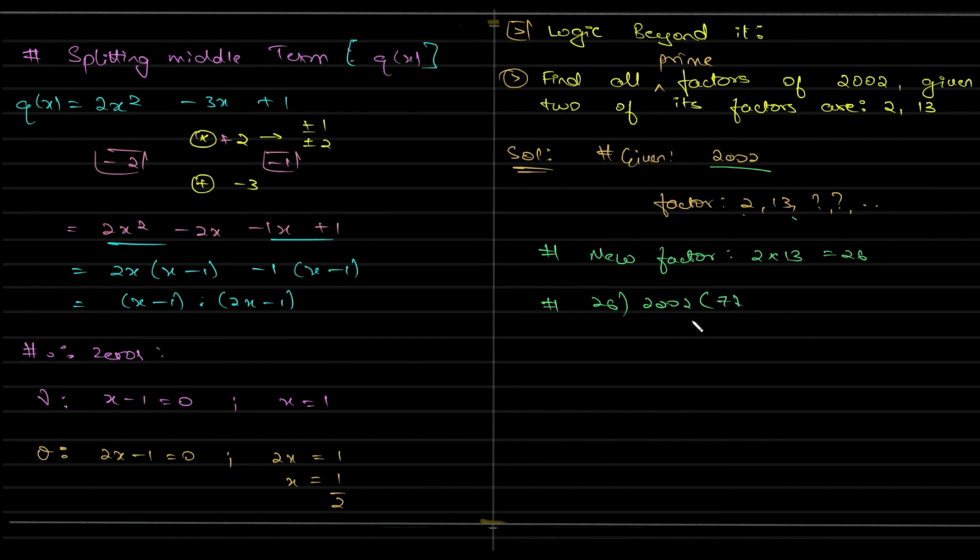So I got the quotient 77 and the remainder is 0. So we have 77 as your new number. What are the factors of 77? Prime factors of 77? 7 and 11. Is it not?